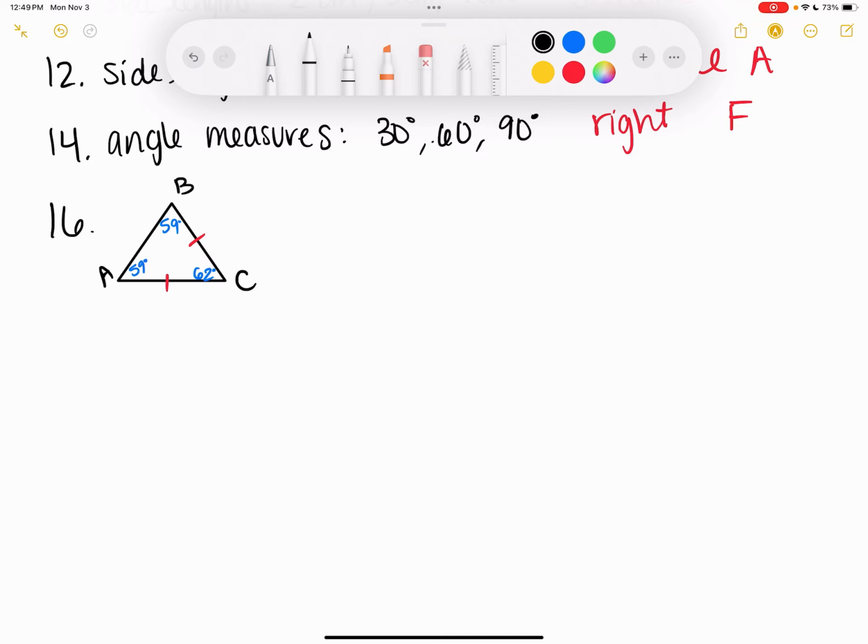And then I have 2 sides that are listed as congruent because they have these little lines on them. So we need to classify this based on its angles and based on its side lengths. So any idea what kind of classification that would be? It's isosceles. Isosceles for the sides, and what else? Acute. Yep, acute. All the angles are less than 90 degrees, so it's acute. Isosceles.